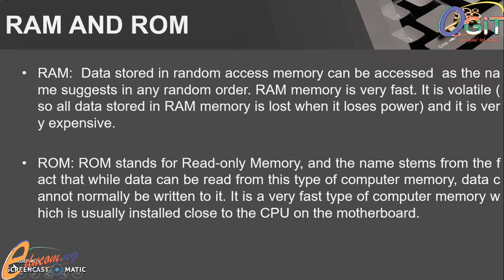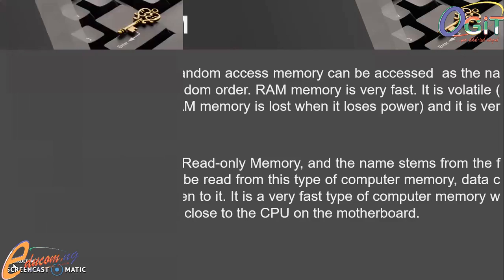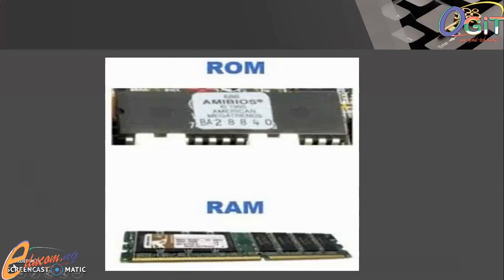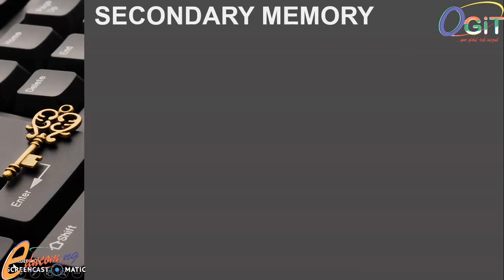It is important to note that information on the ROM is written by the manufacturer, and that is why it cannot normally be edited. However, it is important for the CPU to access this information on the ROM for it to be able to boot and operate normally. Now, this is a picture of ROM and RAM.